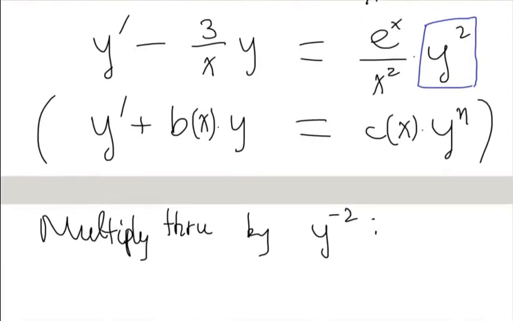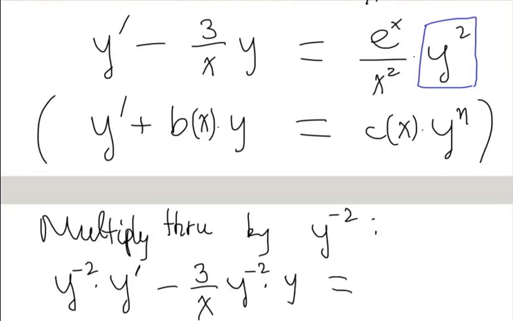So then we have on the left hand side y to the negative 2 times y prime, and then let me rewrite the coefficient first, minus 3 over x, and then we have y to the negative 2 times y equals e to the x over x squared.